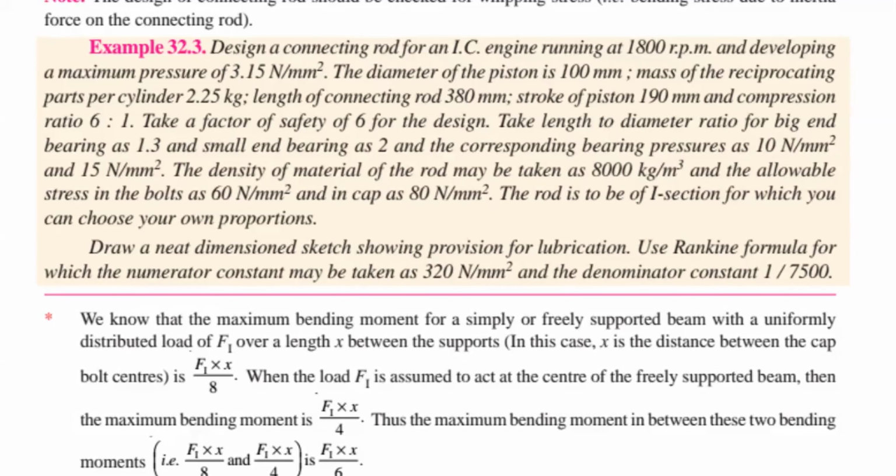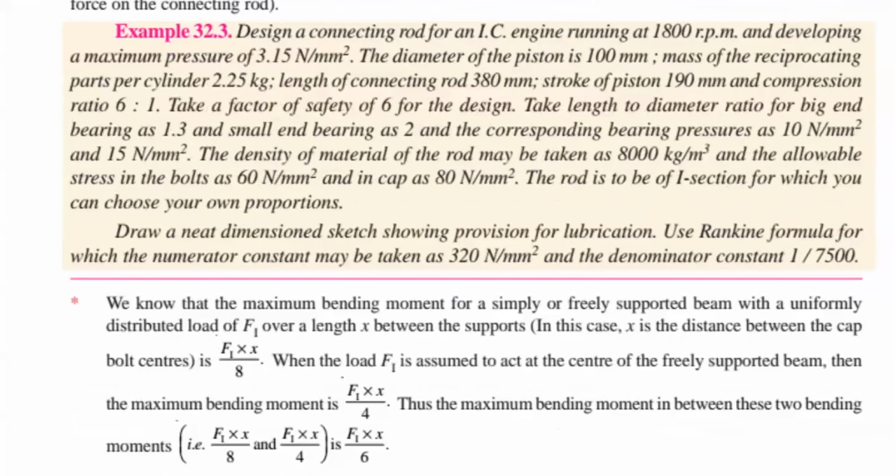So this is very, very important. The cross section is I section, and he did not mention any dimensions. You can choose your own dimensions. Now here is the difficult part. If you remember the standard proportions, there is no worry. If you have a problem remembering the dimensions, then there is no other way.